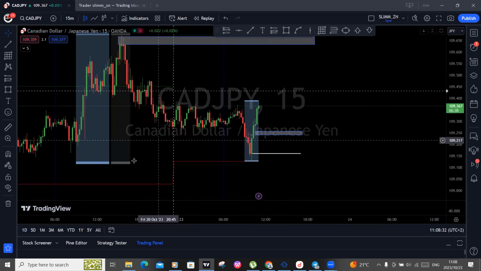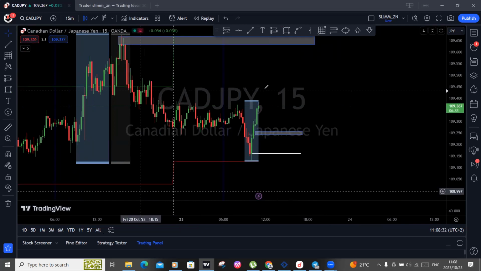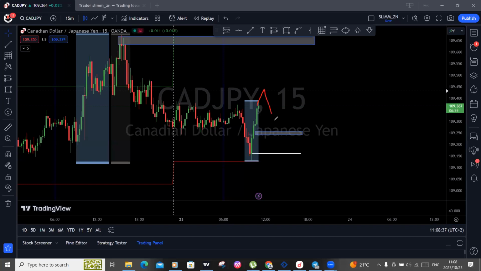What price could actually do is sell from the limit I have and come back either here, or again sell from the limit I have, come back here. These are just possible plays based on what I'm seeing at this point in time. They'll be sort of reacting off this area as well. So we'll just keep an eye and see what happens.